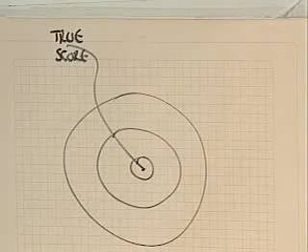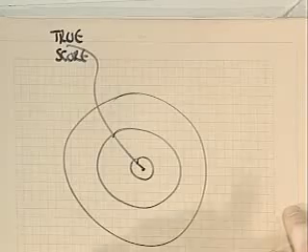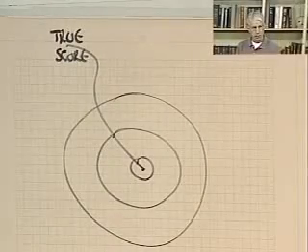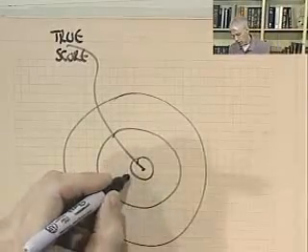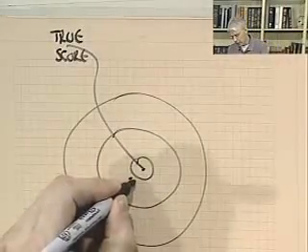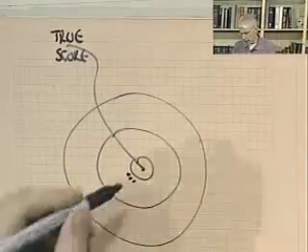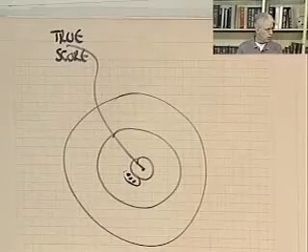Systematic error clearly is inaccurate. That is, our scales at home did not measure precisely true body weight. So we were missing the target, missing the bullseye. But we were doing so in a consistent way.